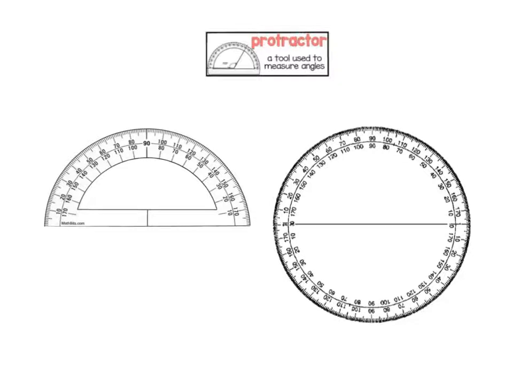One quick thing that I wanted to remind us of is a protractor is a tool used to measure angles. So this is the protractor that we're really familiar with. It starts at 0 and goes all the way to 180 degrees, right? We've got a perfect straight angle here.